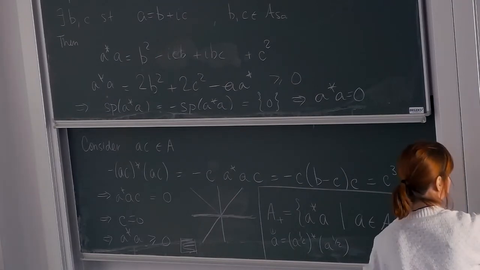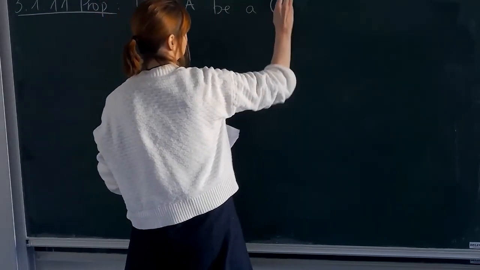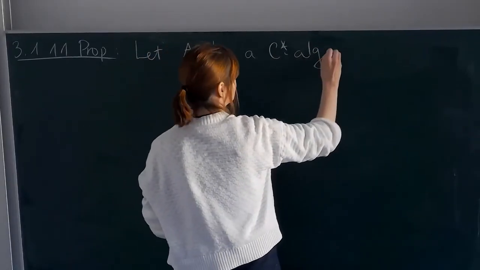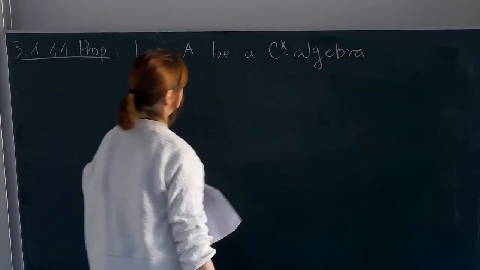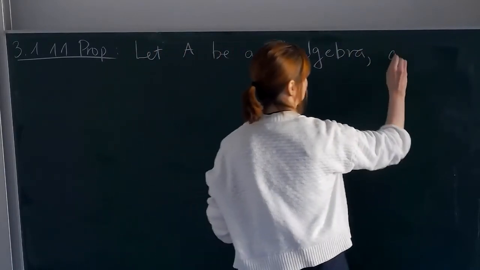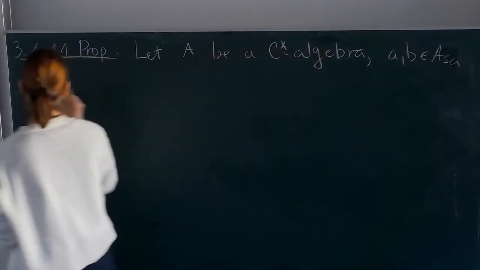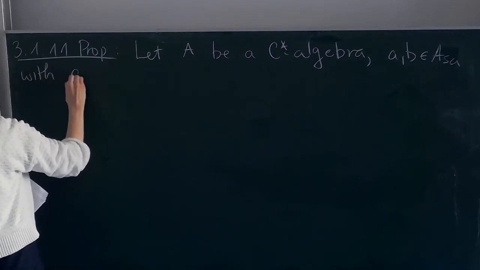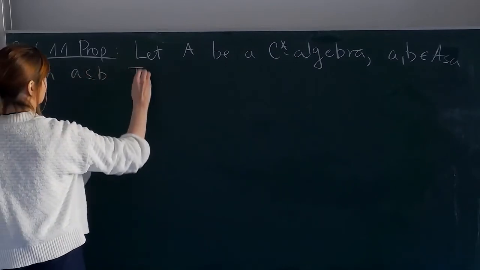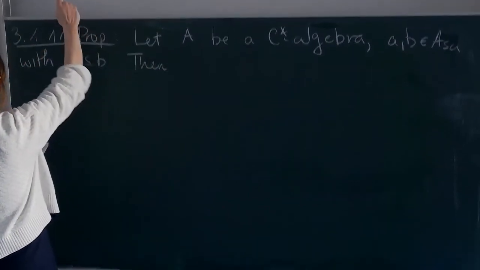So more about this order on the self-adjoints that we get from having these positive elements. We want two self-adjoints, and let's take A less than B. And we have the following.